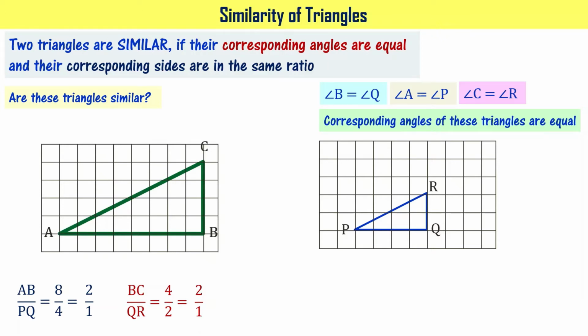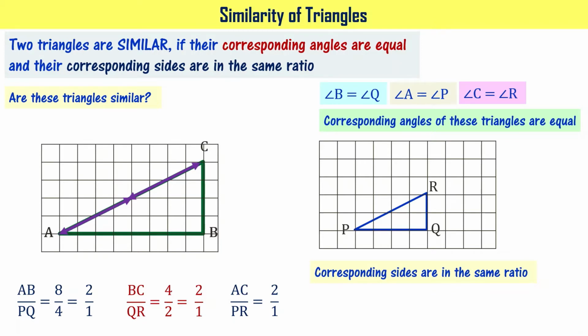Now let's see what is the value of AC by PR. If I denote PR using 1 unit length as shown using line with arrows, AC can be shown using 2 such lines with arrows, right? It means AC by PR is going to be equal to 2 by 1.